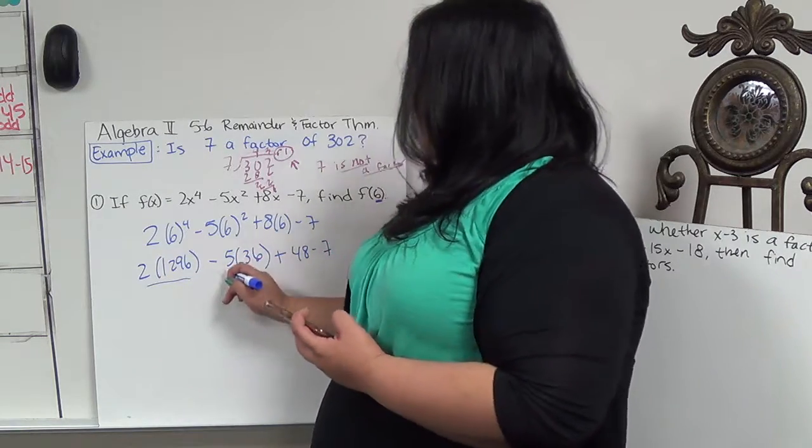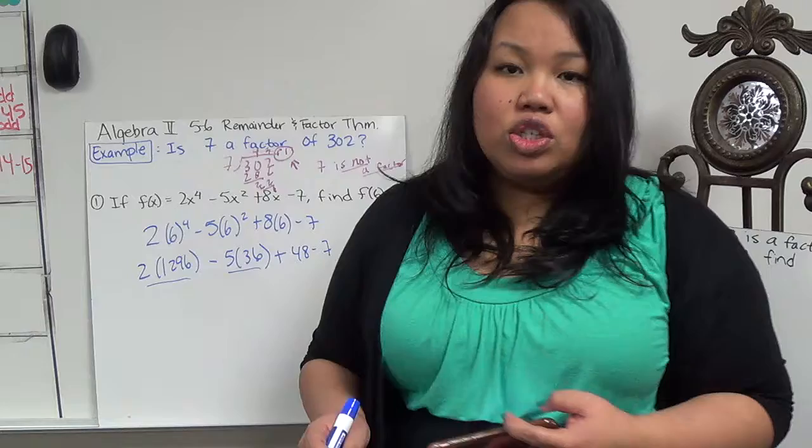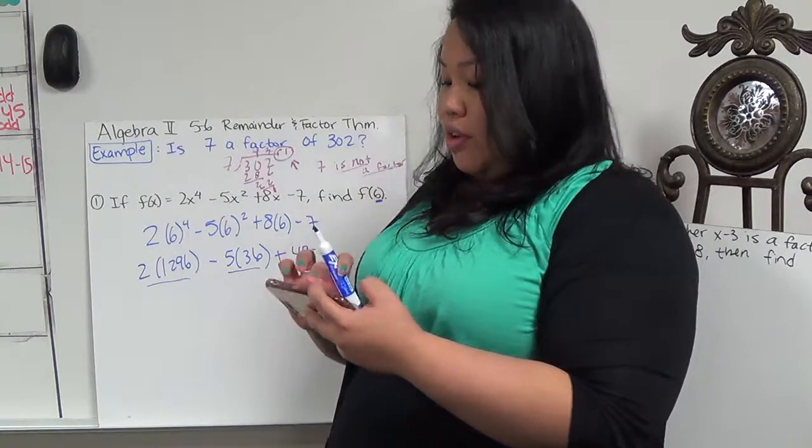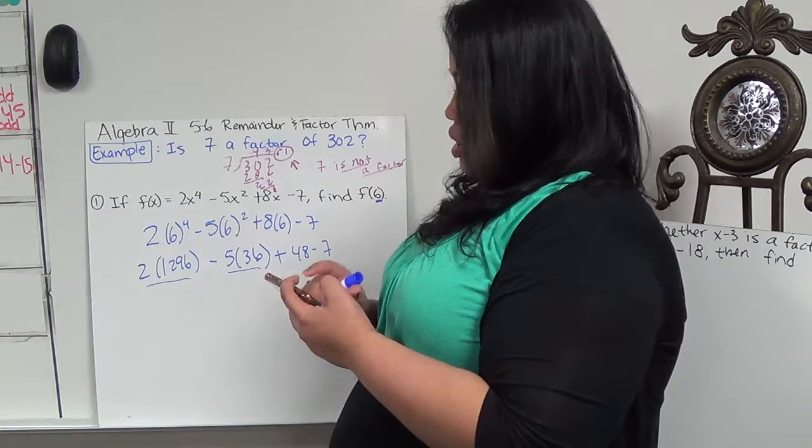So then I'm going to multiply these. Remember, the order of operations is multiplication and powers come before adding and subtracting, left to right. So the order of operations is essential for this.